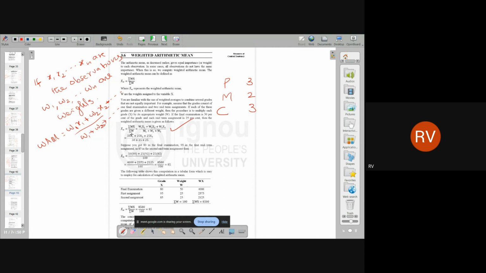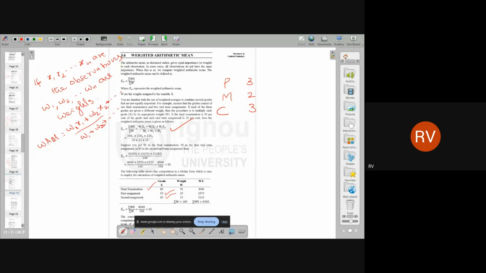Then the weighted arithmetic mean is, for assigning a grade: the final examination 80, first assignment 95, second assignment 85. For the final examination the grade is 80 and its weight is 50, that is 50% weight.